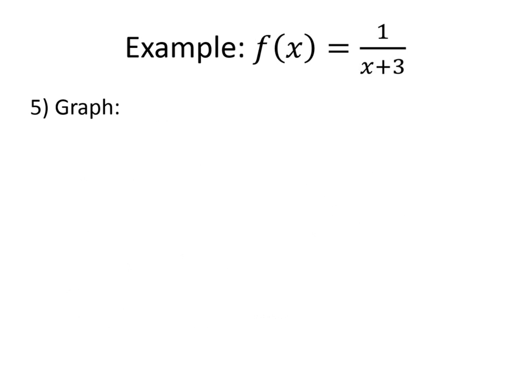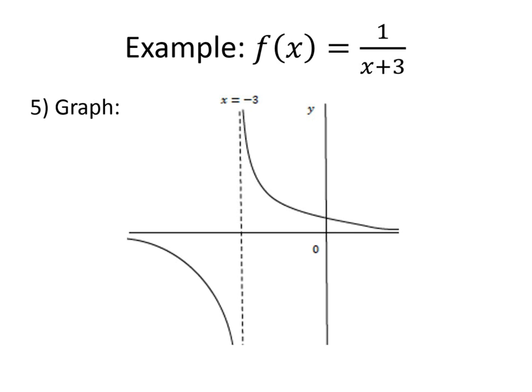So using the information that we had found, we know that the function is concave to the left of a vertical asymptote at x = -3, and that it is convex to the right, and that it has a horizontal asymptote at y equals 0.